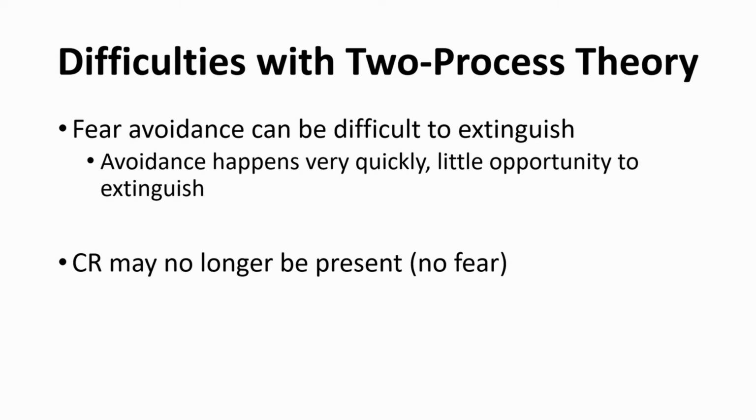So avoidance can happen very, very quickly and doesn't always give us an opportunity to extinguish it. So you have to carefully control the environment and the situation in order to employ extinction. So it's not always easy to undo or counteract, I suppose, our fear avoidance learning.